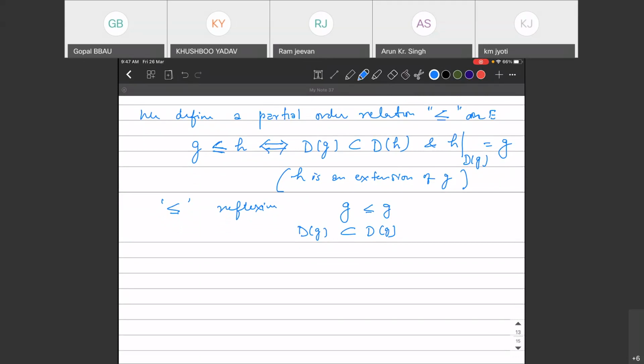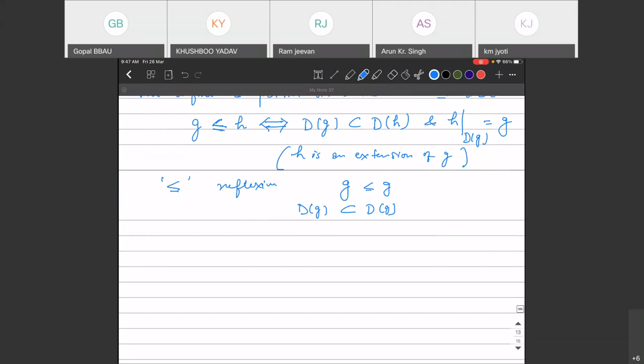G restricted to DG equal to G. That is the definition of G. And it is antisymmetric. This is also true.